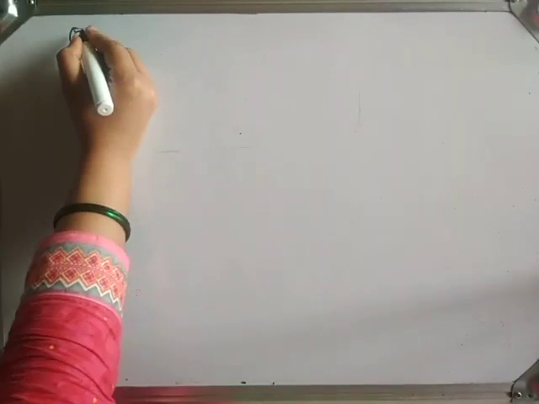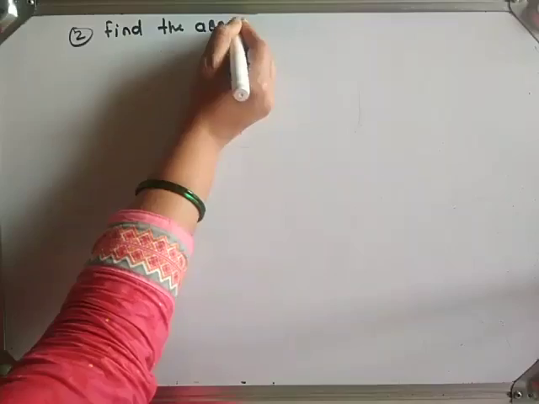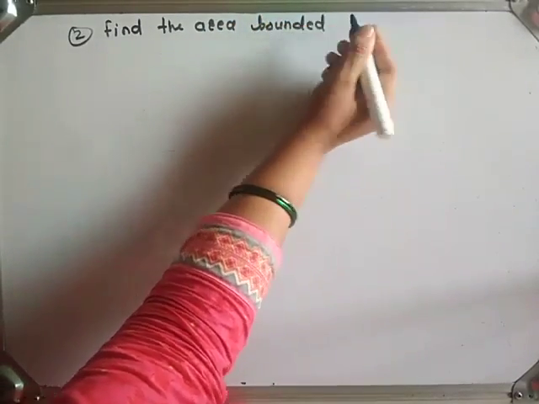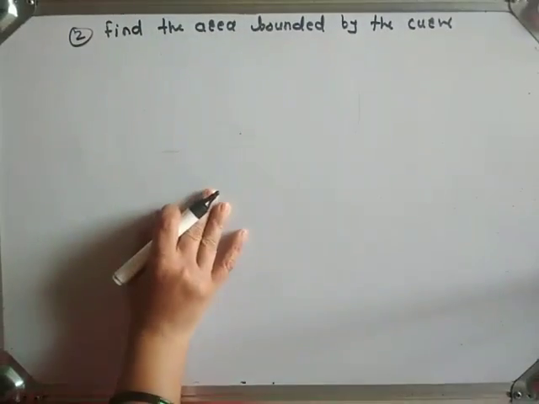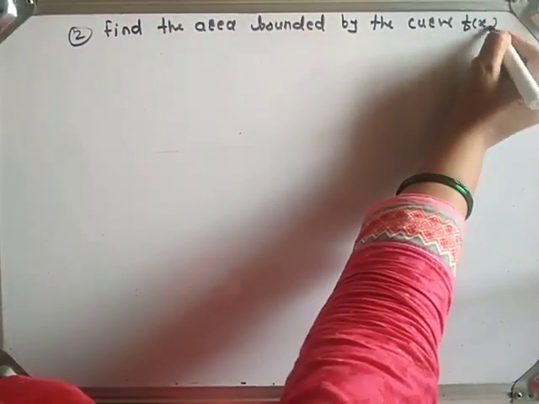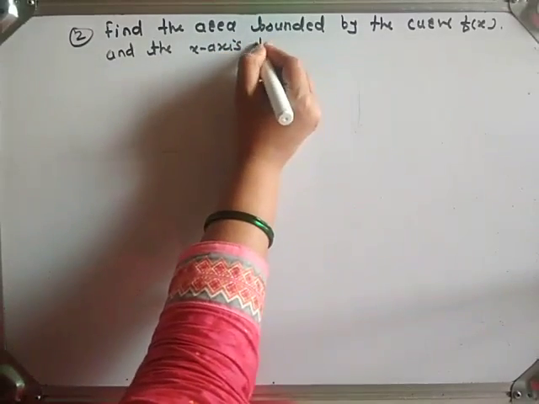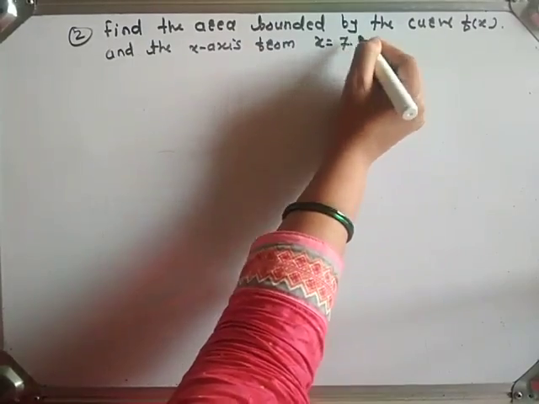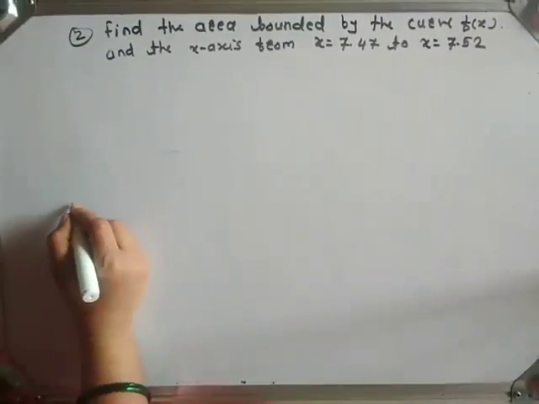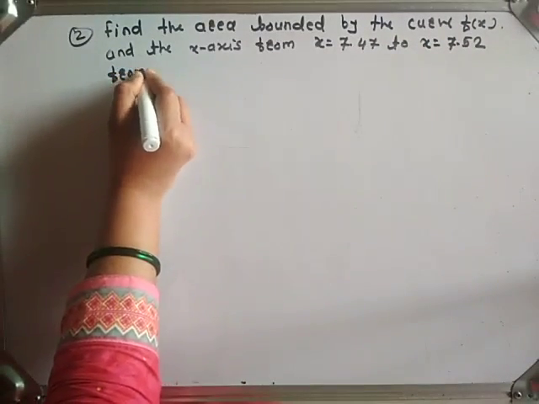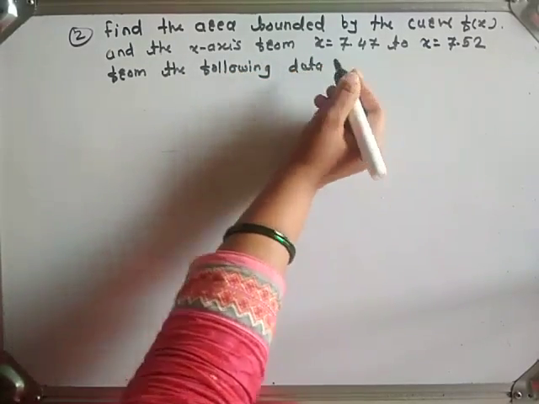Let us take a second example. Find the area bounded by the curve f of x and the x-axis from x equal to 7.47 to x equal to 7.52 from the following data.